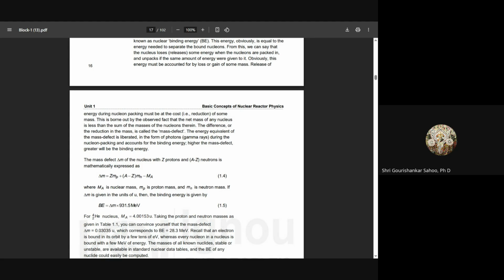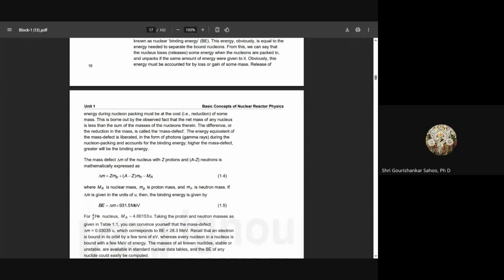So for a helium nucleus, A will be 4, taking the proton and neutron masses as we have discussed earlier. The mass defect ΔM will be 0.03035 u and the binding energy will be 28.3 mega electron volt.